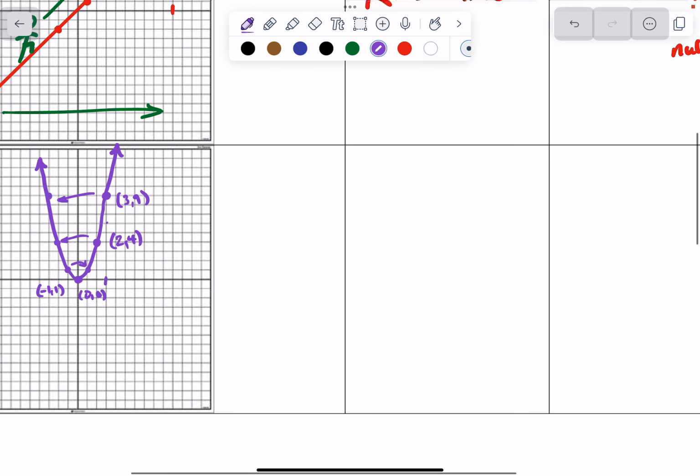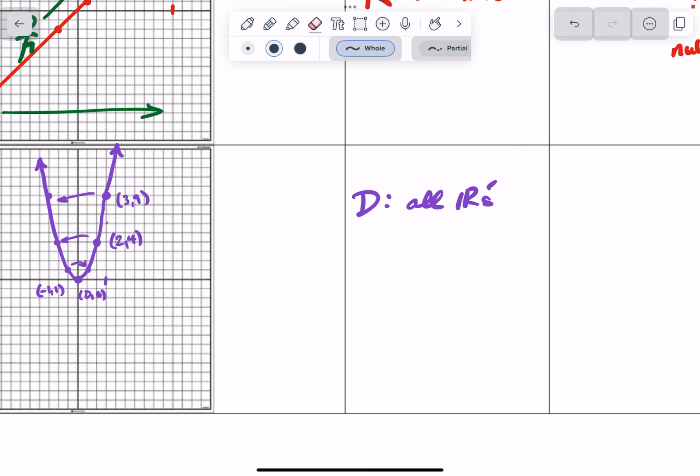Cool. Domain. All reals. You can plug in any number you want. Range. This is only the numbers that are 0 or positive, right? So if we were to shade in the range, we would have this point, and then we would have all of these.